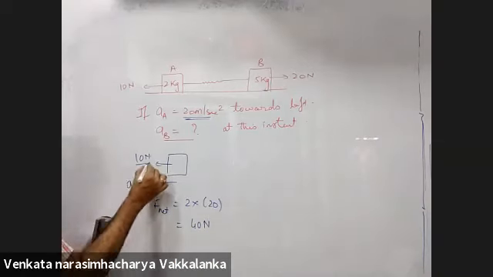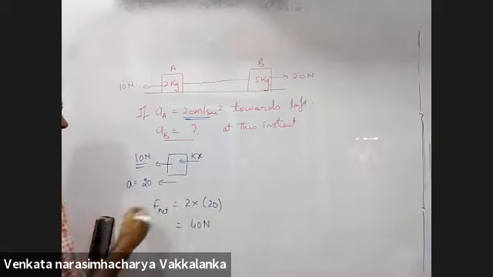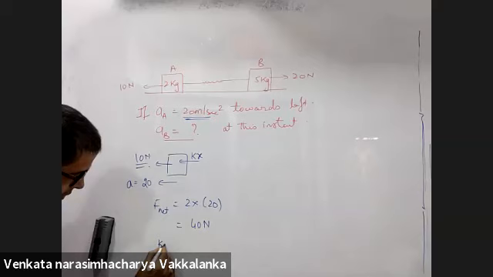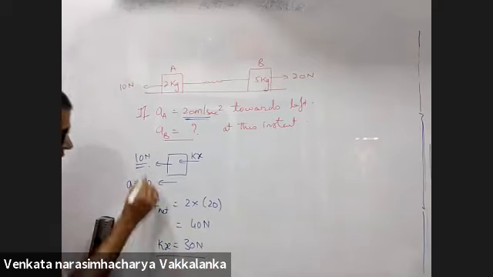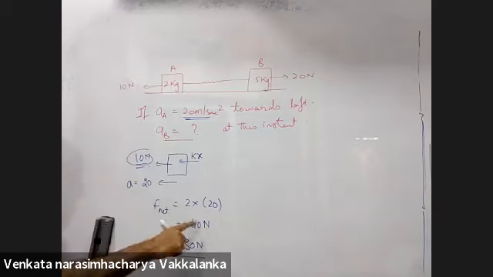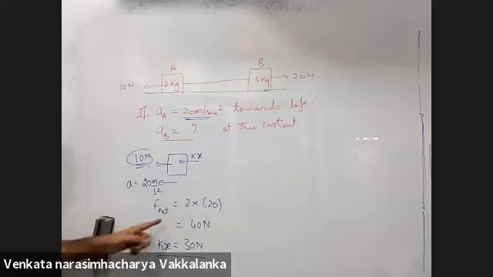And you have only 10 Newton, so the balance force of 30 Newton, kx, should be 30 Newton. You have only 10 Newton towards the left and it has an acceleration of 20 meter per second square. So net force you require to the left is 40 Newton.